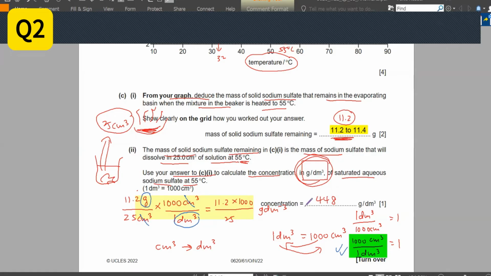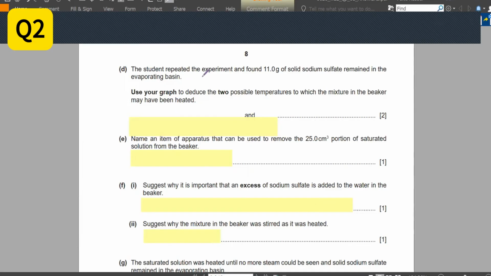Okay, next. A student repeated the experiment and found 11 grams of sodium sulfate remain in the evaporating basin. Use your graph to deduce two possible temperatures to which the mixture in the beaker may have been heated. Okay, this is the other way round.